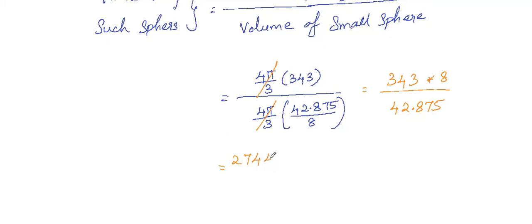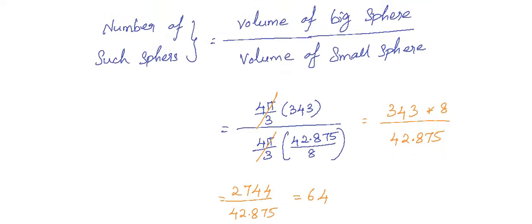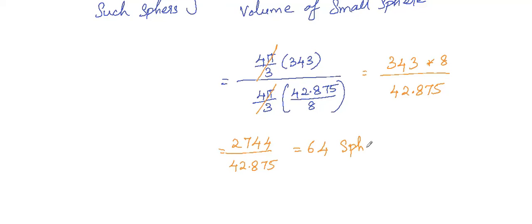So if we multiply 343 and 8, we'll get 2744 divided by 42.875. So if we divide, we'll get 64. So we can conclude that we'll get 64 such spheres in that.